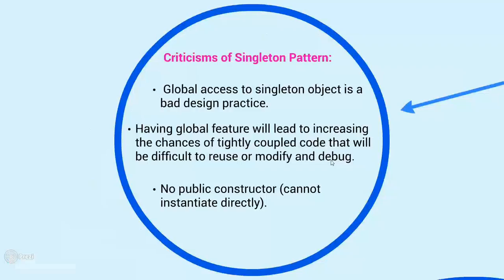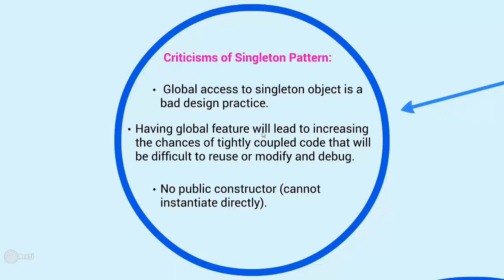The singleton pattern brings global access to the singleton object, which is a very bad design practice. Having the global feature leads to an increased chance of tightly coupled code that will be difficult to reuse, modify or debug.